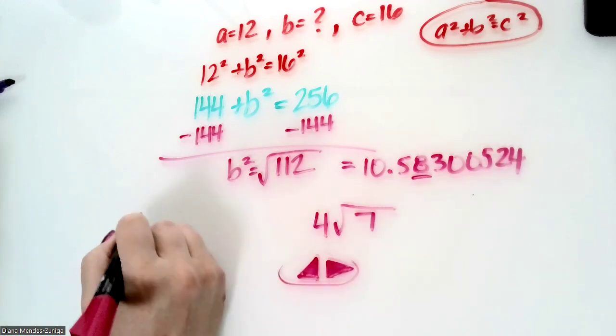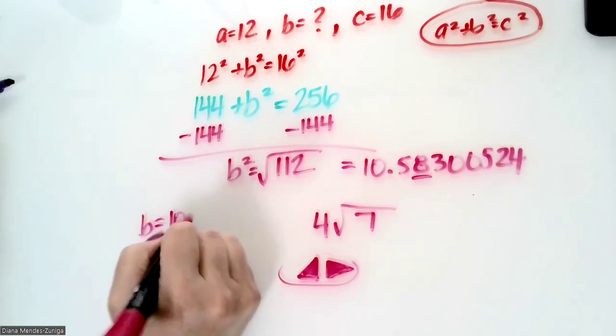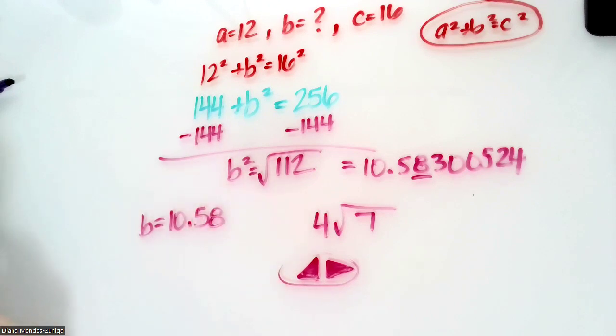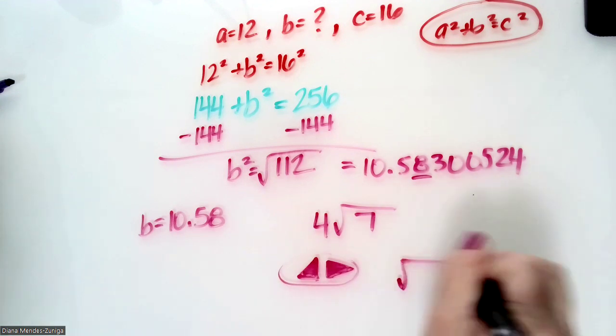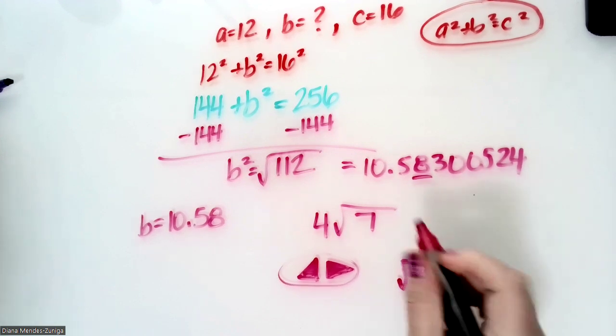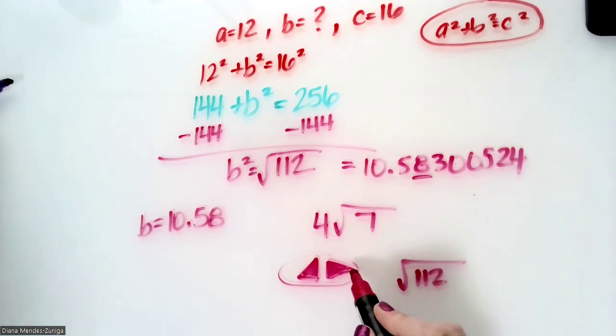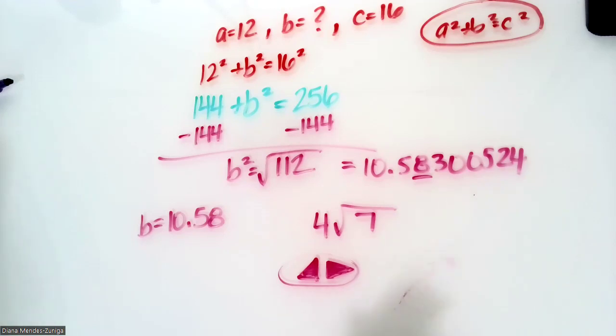So our answer would be B equals 10.58. Okay, so it will give you an on or about number. So just remember, whenever you put something into the calculator for a square root, and say like it's 112 and you come up with something like this, hit this little converter key and it will give you the about number or the closest number that's possible. And that's what they're looking for.